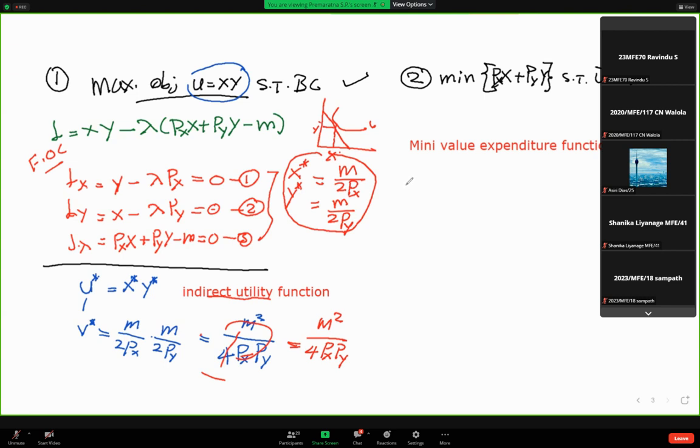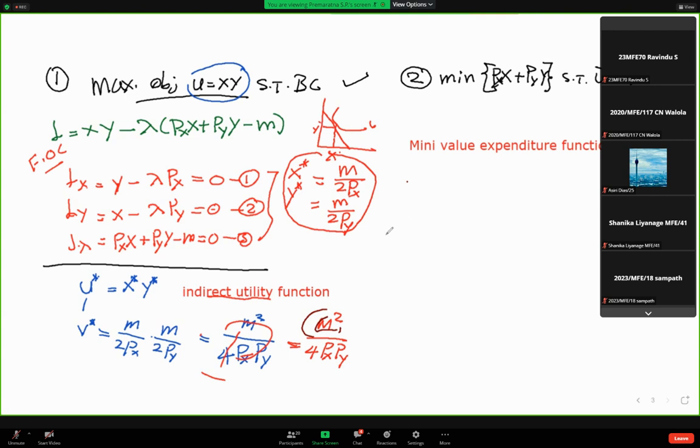But if it changes, what do we do? Here we get the left hand side, we take the other side.